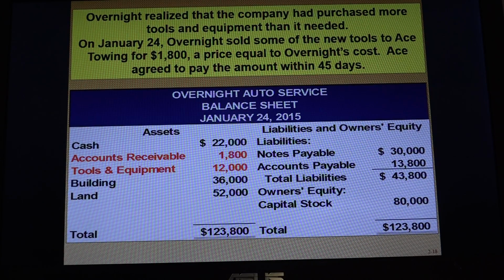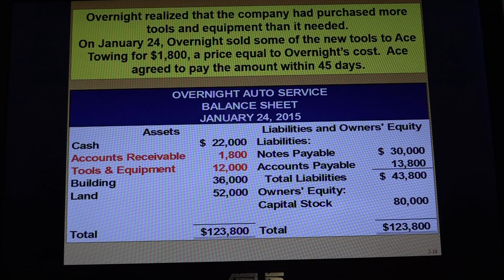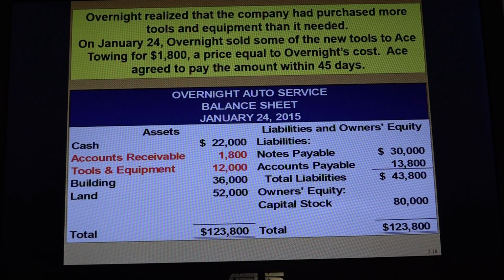So what they do is they list the amount owed by Ace as an accounts receivable for $1,800. And of course, they reduced their tools and equipment from $13,800 down to $12,000. So you're just changing that one side of the accounting equation.